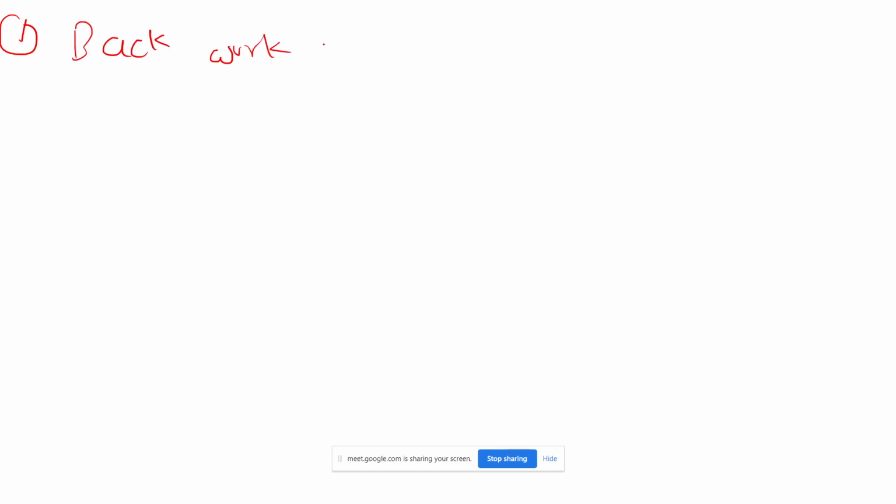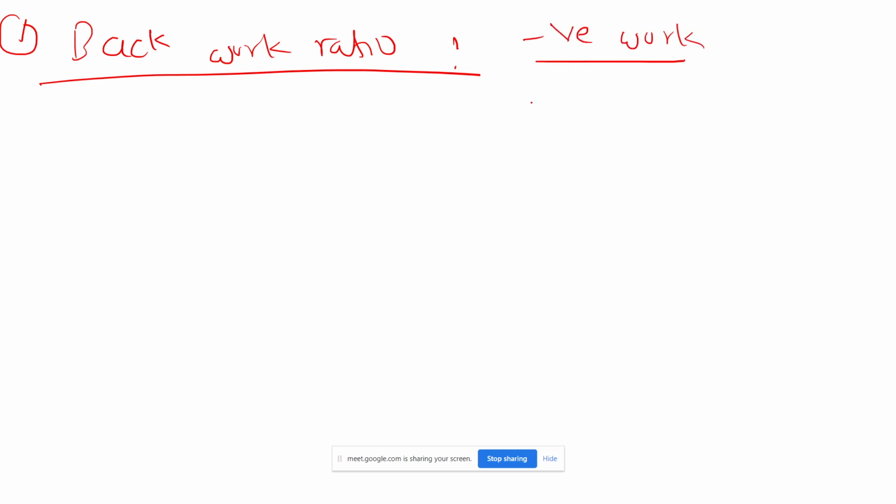So what is the back work ratio? Back work ratio is basically the ratio of the negative work to the positive work. What is that negative work?